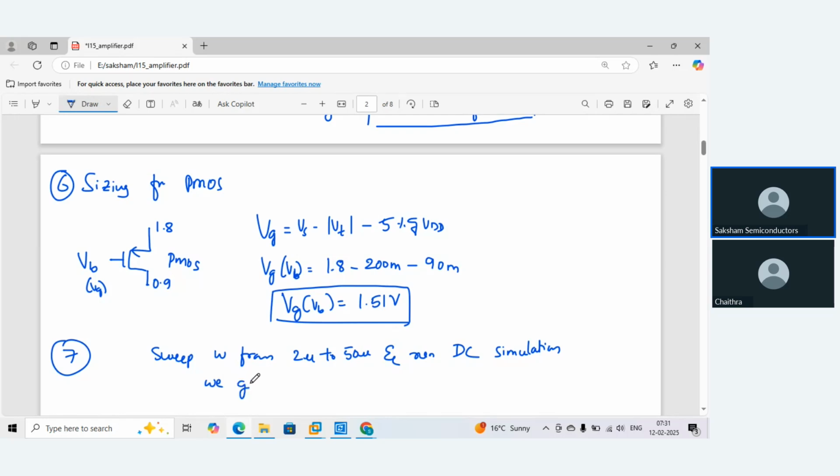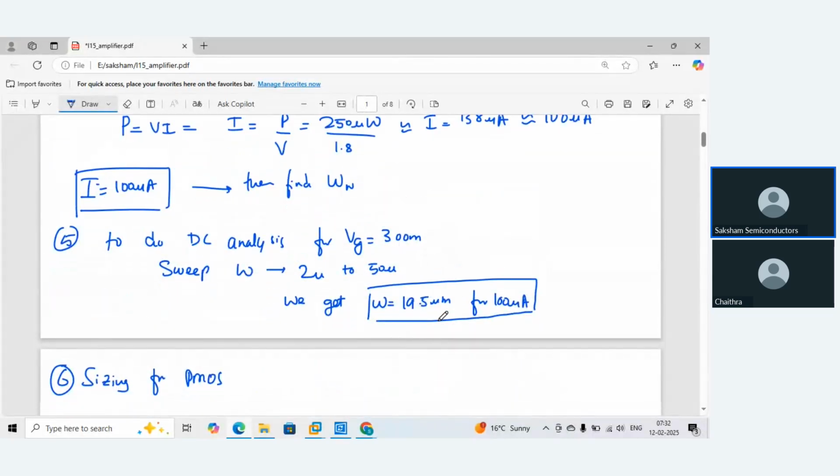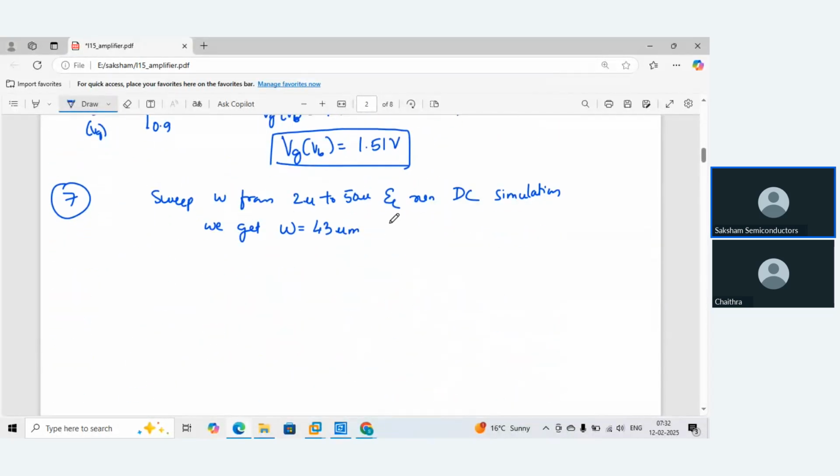We get W equal to close to 43 micrometer, and what was here is 19.5. And again, this is also obtained for I equal to 100 microampere. So now my PMOS W is 43 micrometer and NMOS W is 19.5 micrometer, and L has been fixed.